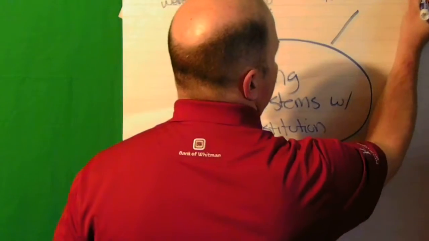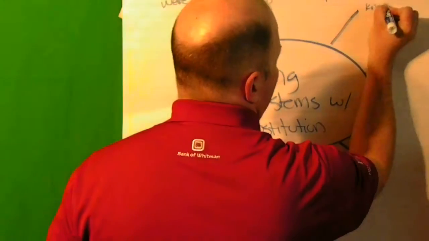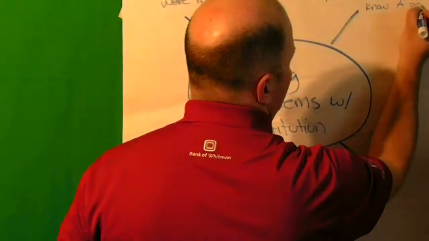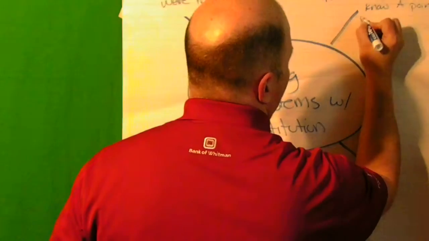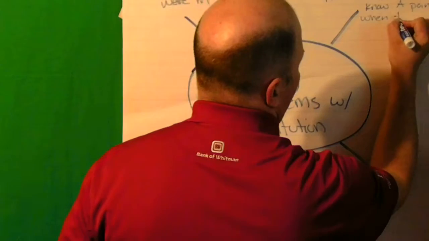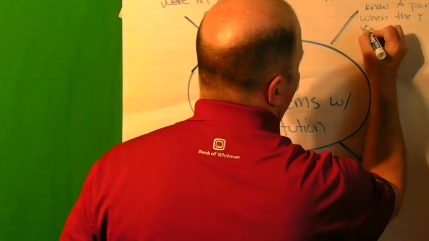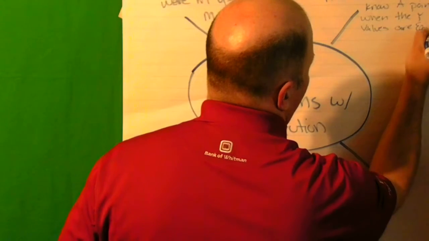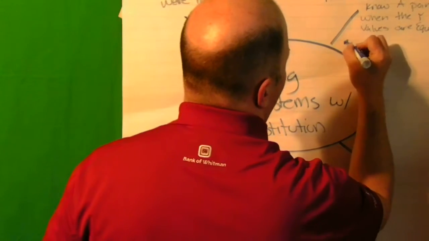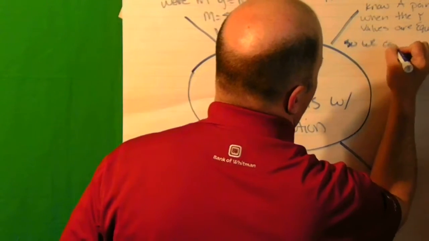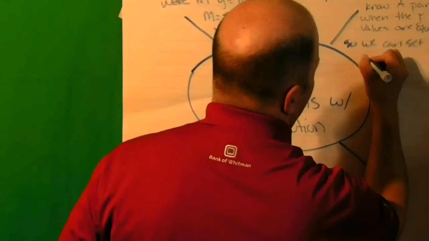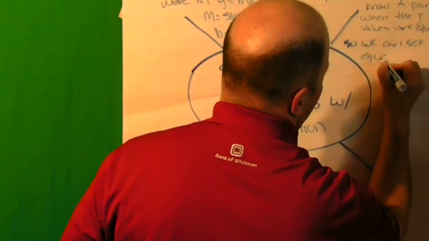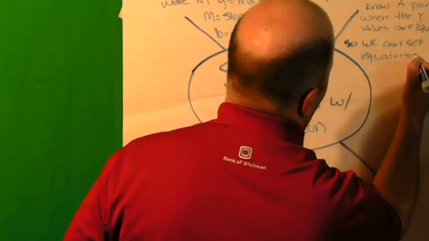Okay, so we identified our number of solutions, and by doing that, this allows us to know a point when the y values are equal. So we can set the equations equal.